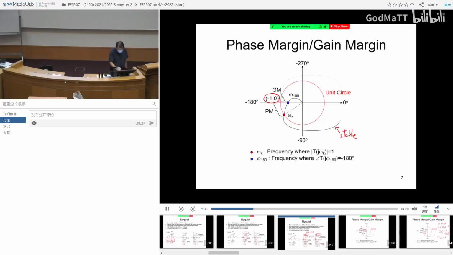So if you do this plot, you look at the blue dot over here, the blue dot over here. You measure how far this is away from minus 1, 0. Obviously, if it's very far, let's say focus on this point, this is definitely more stable than this guy. Am I right?